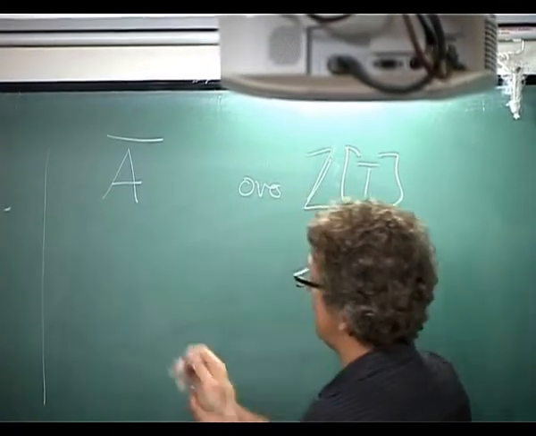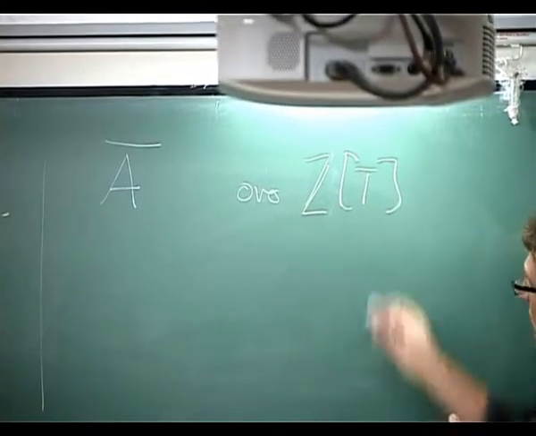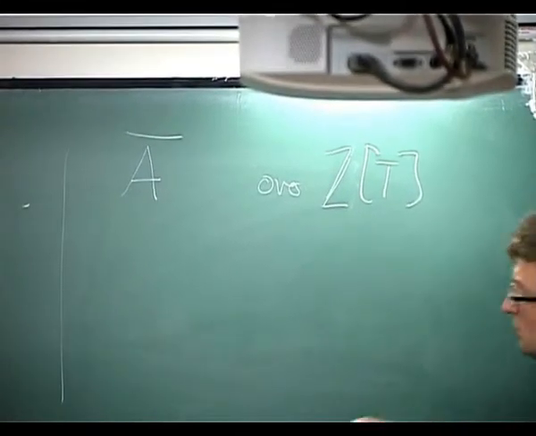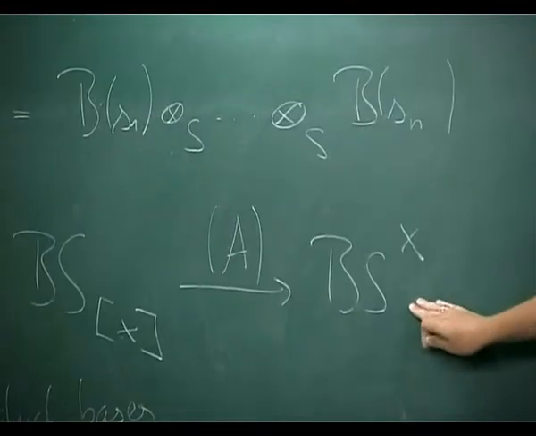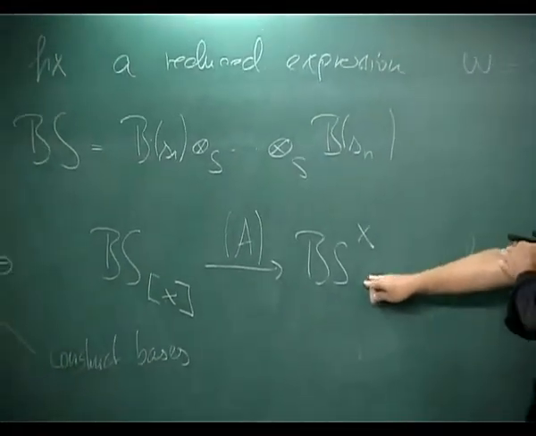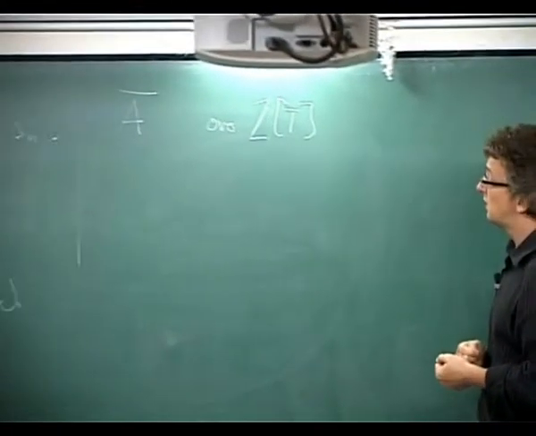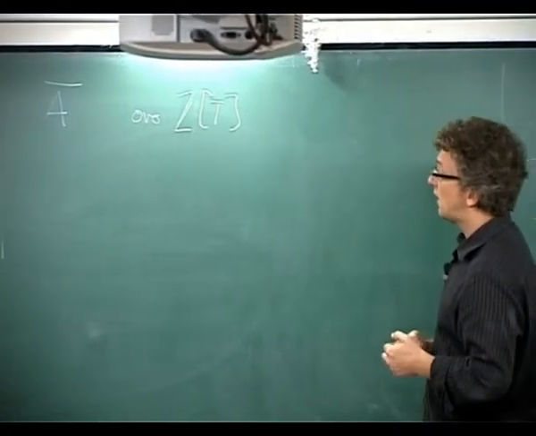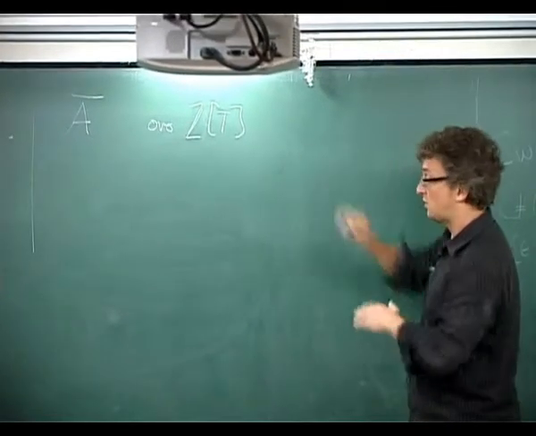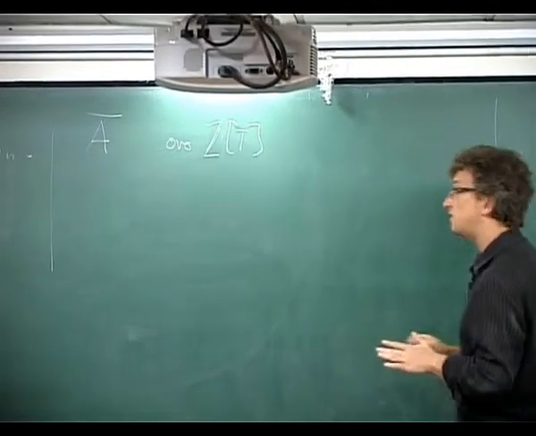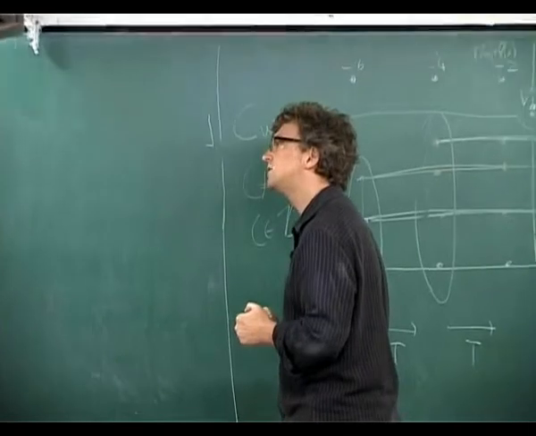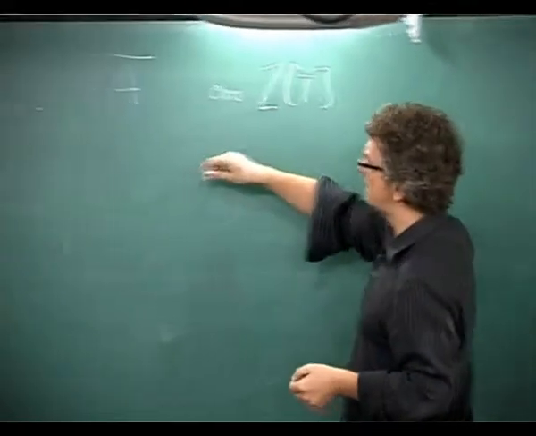This will be an isomorphism over the quotient field, because the cokernel of this map is a torsion module. So if you invert t, then this is an automorphism over any field. Yeah, over any field.